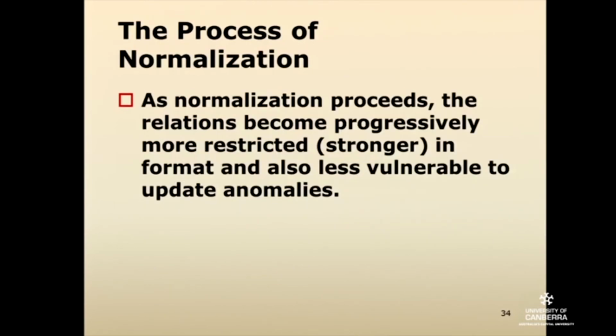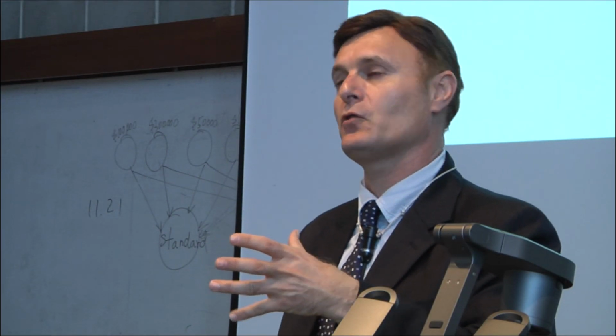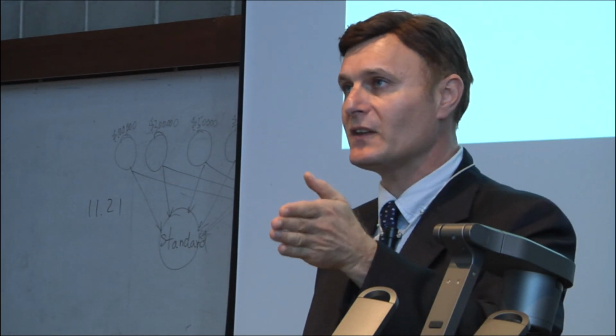Normalization has got different stages. So you've got the first normal form, second normal form, third normal form, fourth normal form, or BCNF. And at each stage, when you try to check your design, you apply one rule at a time. So you say, okay, is this design in the first normal form based on the following rules?